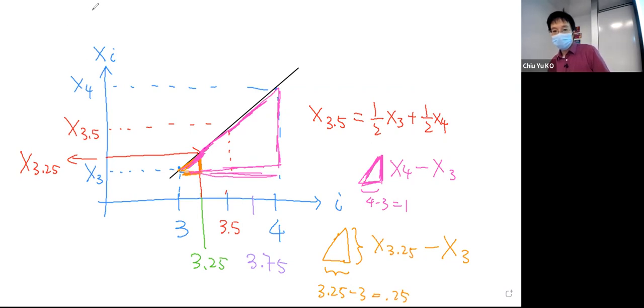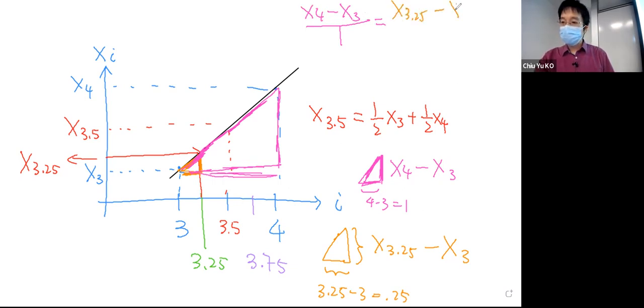Look at the purple one: x4 minus x3 over 1 will be the same as the height over the base, which is x3.25 minus x3 over 0.25. Is that clear? Basically, that's a tangent. This is a similar triangle.